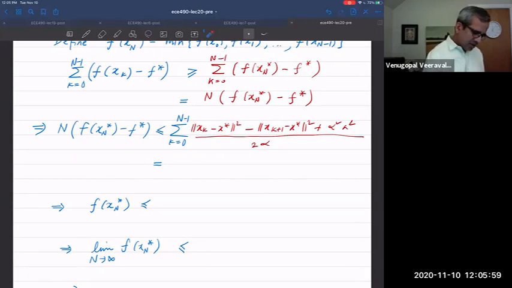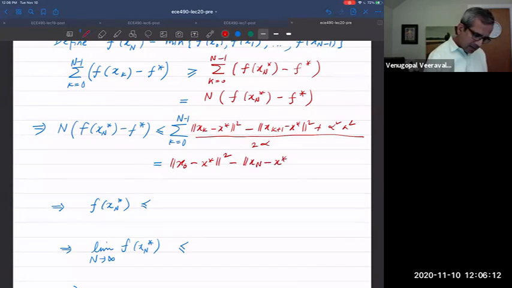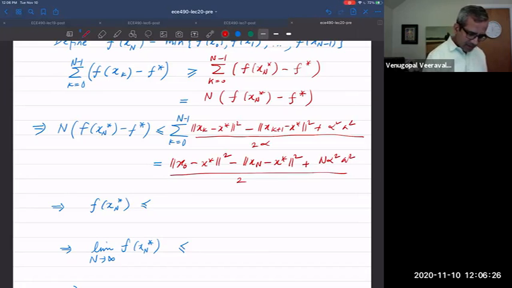So I get x0 minus x star squared minus xn minus x star squared, plus alpha squared a squared, which is common to all those terms in the summation, so I get n times alpha squared a squared, all divided by 2.